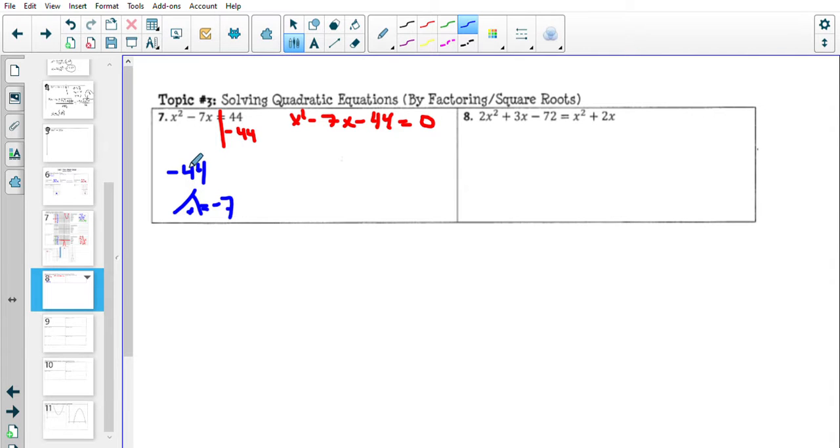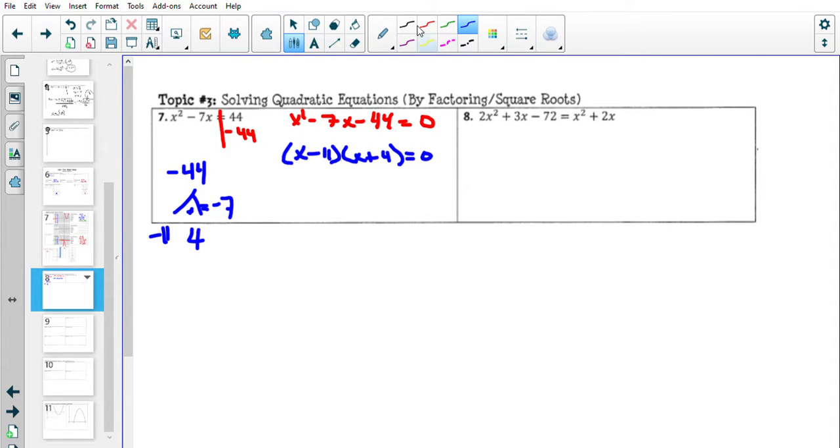So if we think of 44, it's even, so we can do 2 and 22. Those aren't 7 apart. And then we can do 11 and 4, and 11 and 4 are 7 apart. So we're going to use negative 11 and positive 4. So we can factor this into x minus 11 and x plus 4.